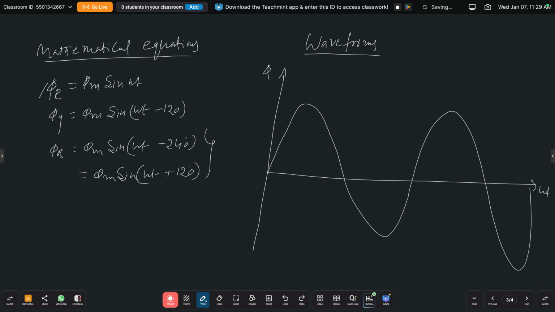After 120 degrees, phi Y flux will start. If you extend like this, it will come like this. Now phi B flux will start after 240 degrees.